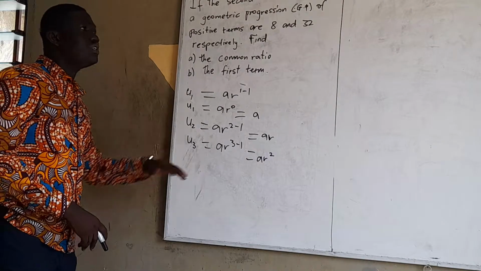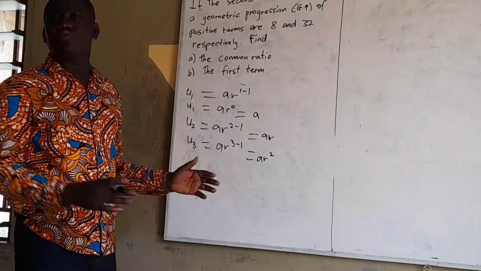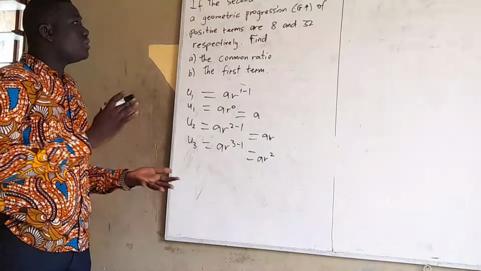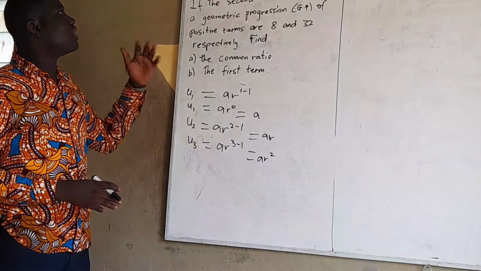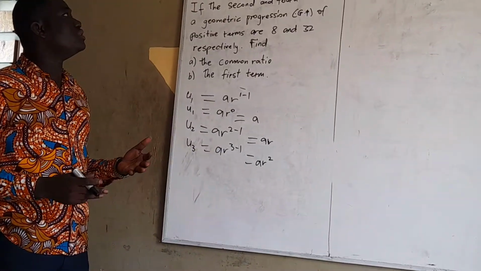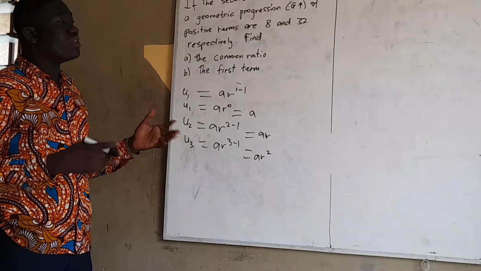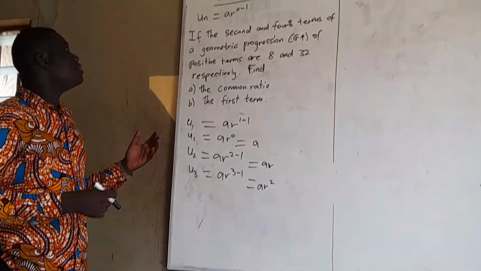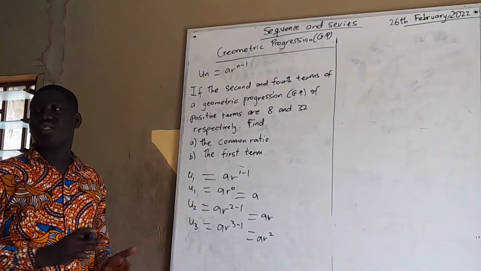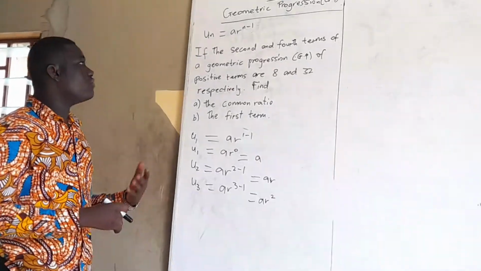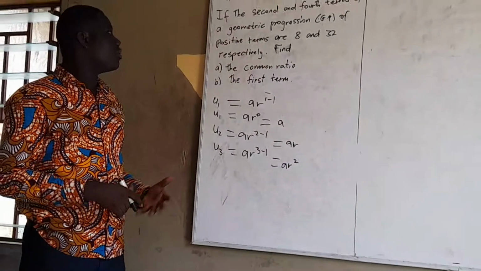Okay, so let's break it down to understand what is being required of us. One way of being able to solve this kind of question on sequence and series, basically arithmetic progression and also geometric progression, is for you to analyze the question very, very well before you would solve.